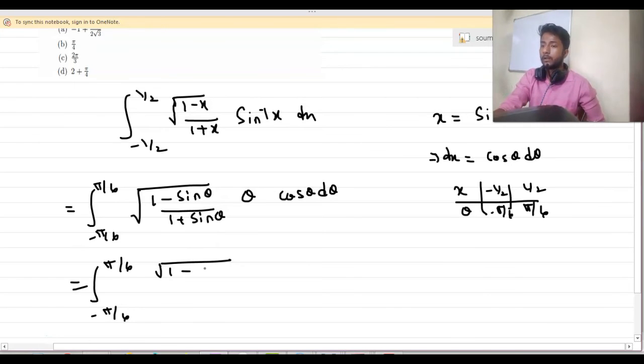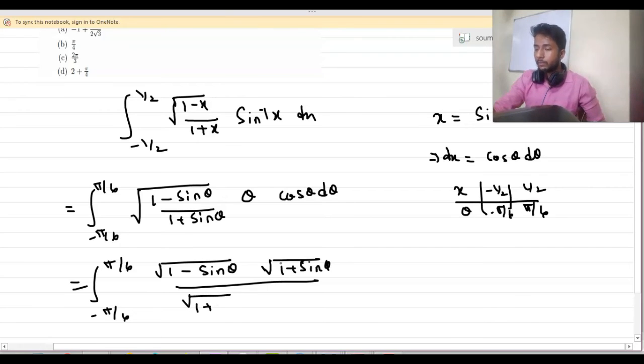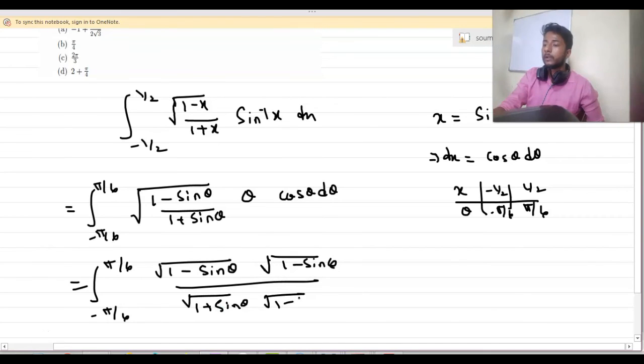I have to multiply the numerator by root over of 1 minus sine theta, and the denominator again by root over of 1 minus sine theta, into cos theta d theta.